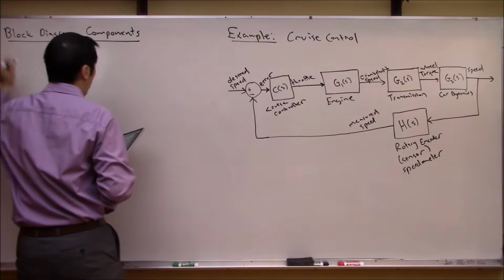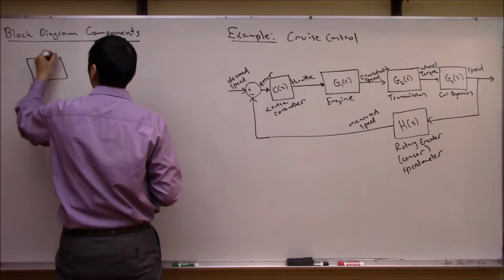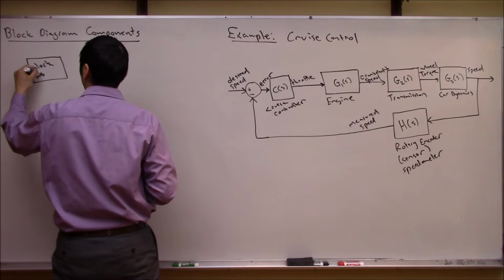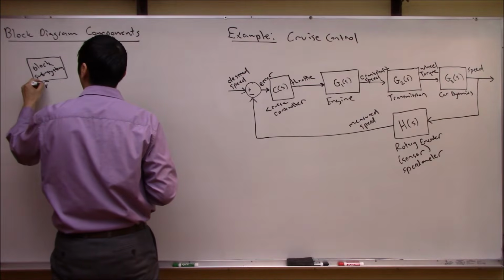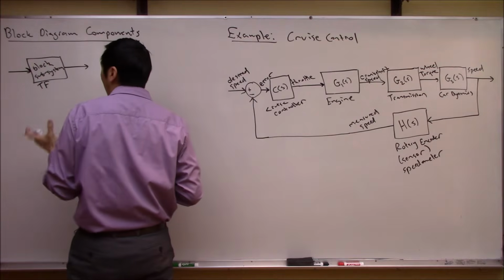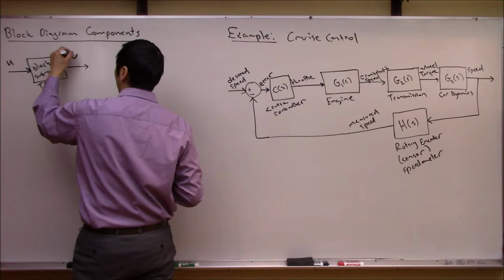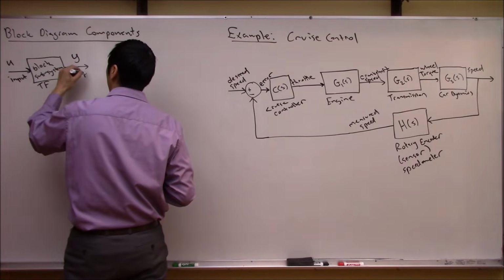Okay, so the most important one here is obviously a block. This is a block, sometimes also referred to as a subsystem or a transfer function, whatever you'd like. The idea with a block is that it has certain inputs, let's call it U, and it has certain outputs Y. So here's your input and here's your output, okay?